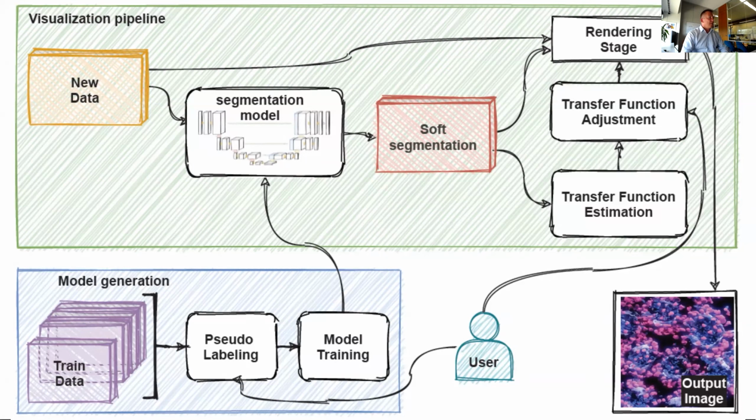In our case, that would be various elements of the SARS-CoV-2, such as the envelope, the internal part, or the membrane-bound proteins like these spikes. And if we get this soft segmentation, can we use it for automatically defining the opacity transfer function for the rendering? That was the research question we have been trying to answer.